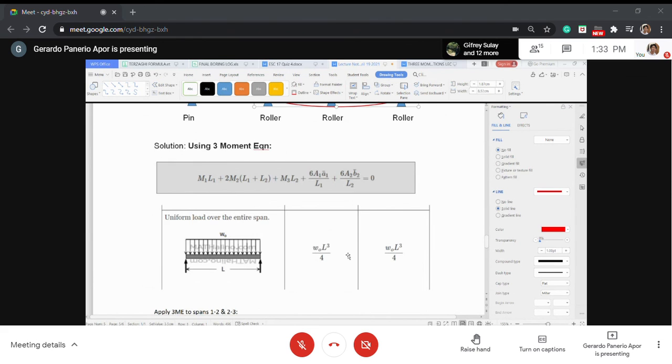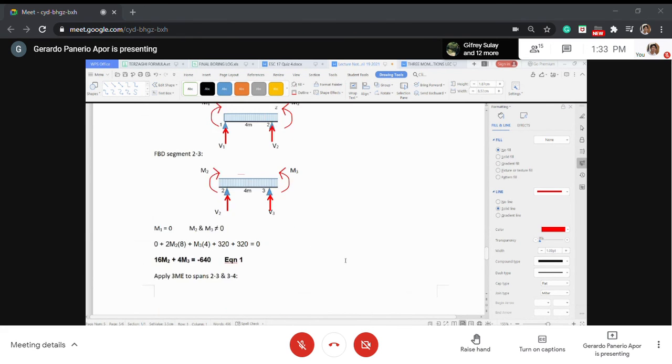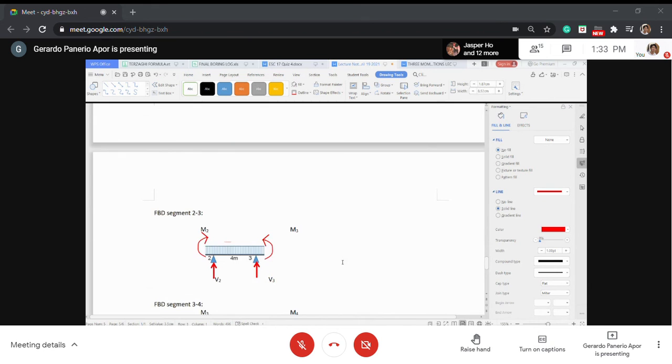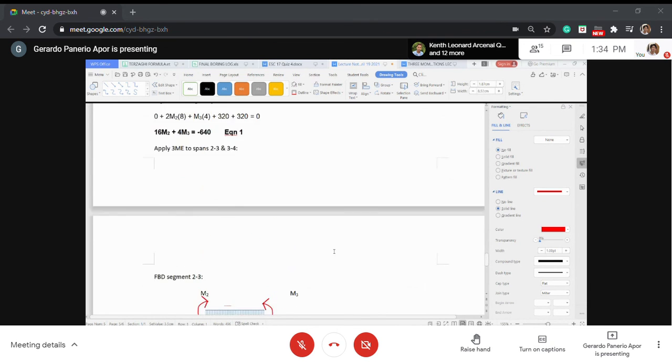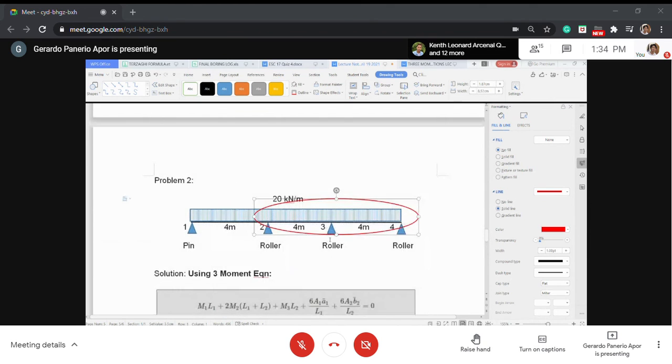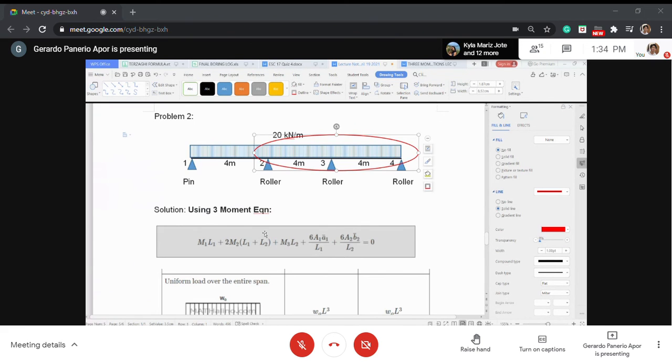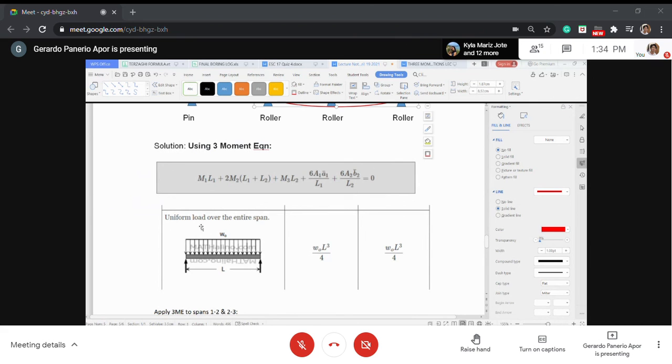It will be more laborious to do, but at least you can solve a statically indeterminate structure using the three-moment equation. And this is fastest if you have some table for the values of this one.